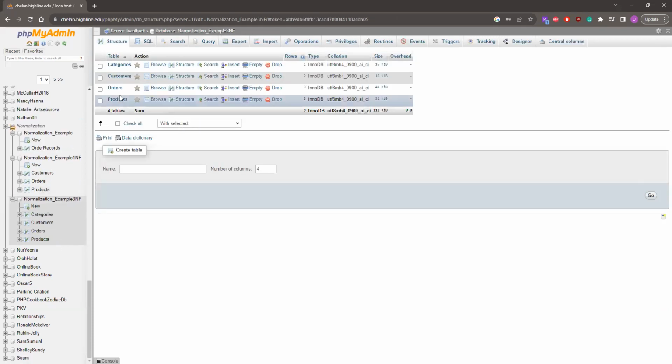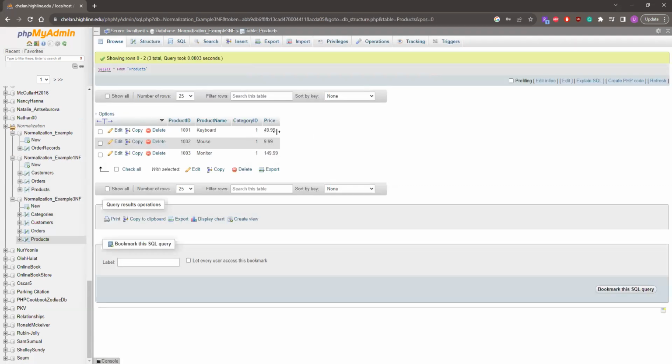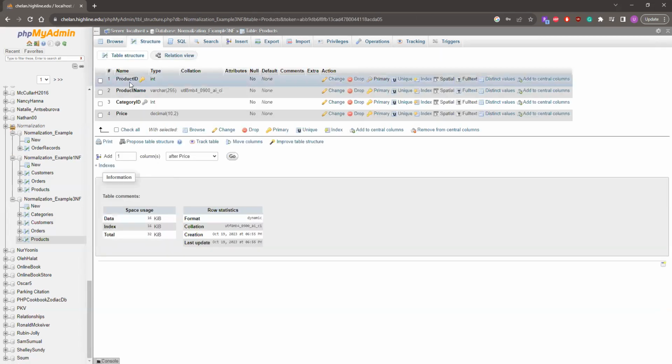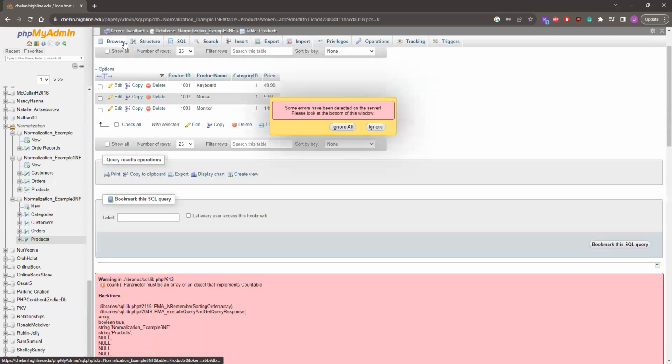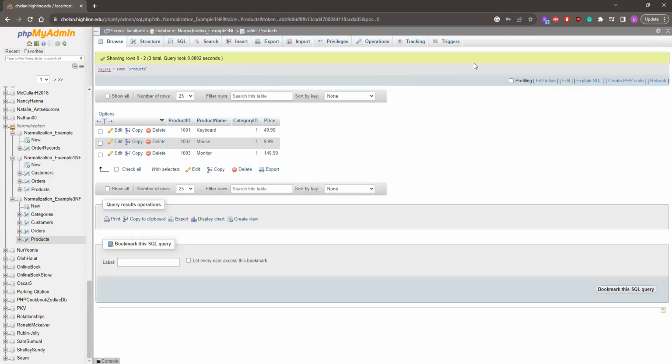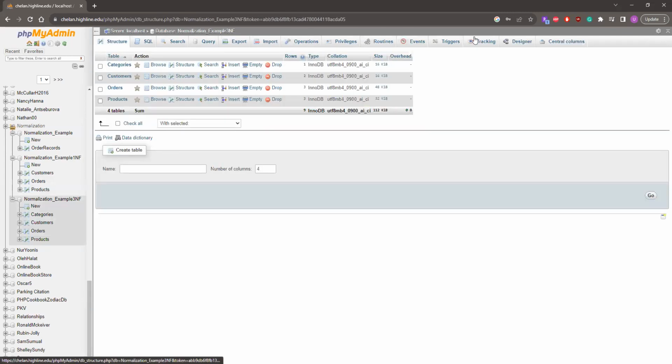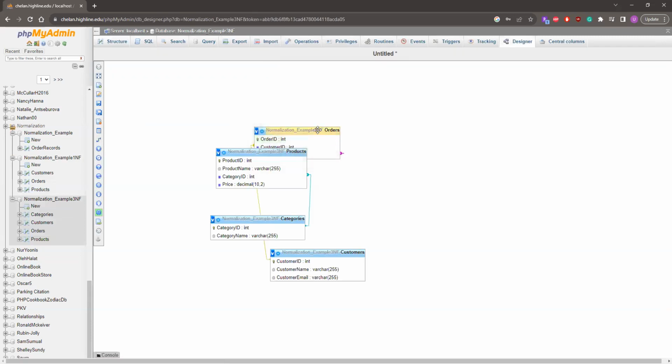If you look at 3NF, we have a categories table, customers, and the other three stay the same. If you look at the product table, now we do not have hardware listed here. Now we have the category ID. And this is coming from categories.